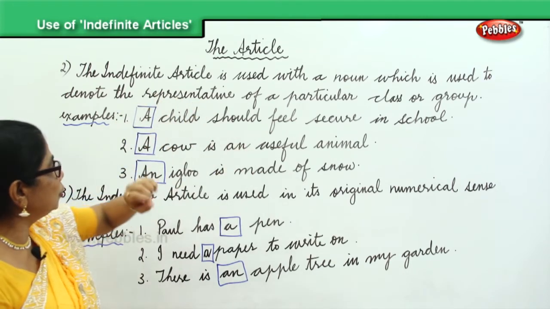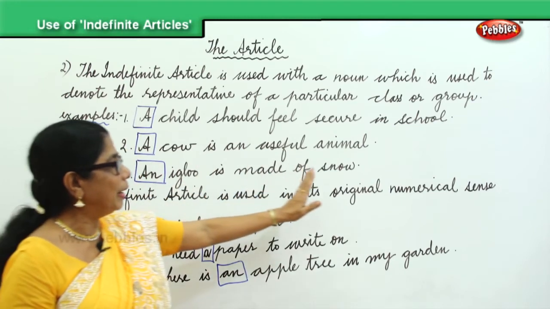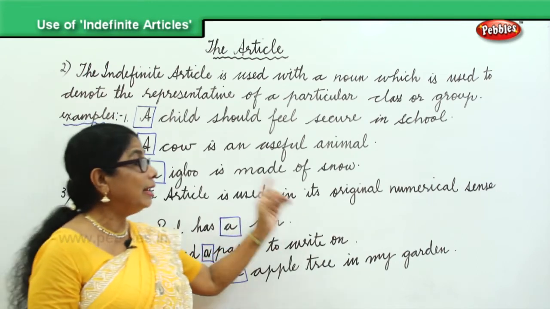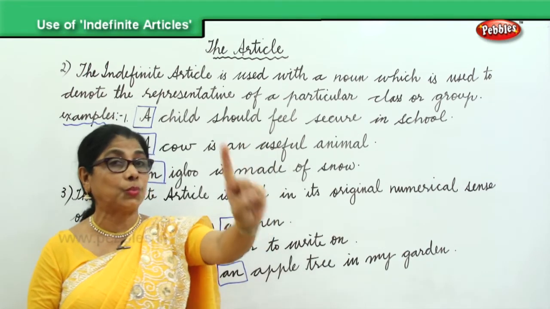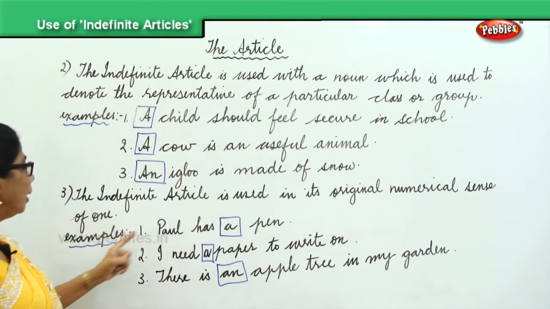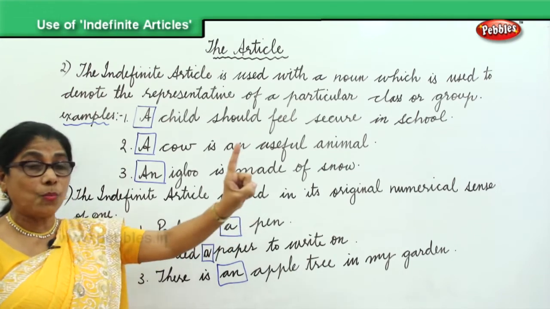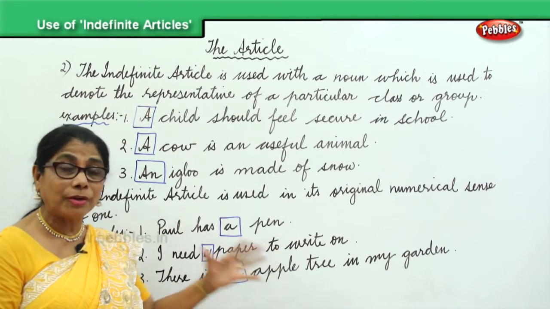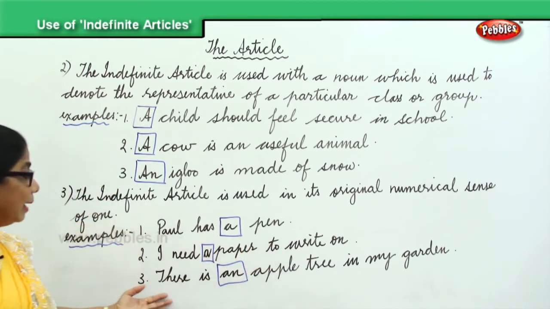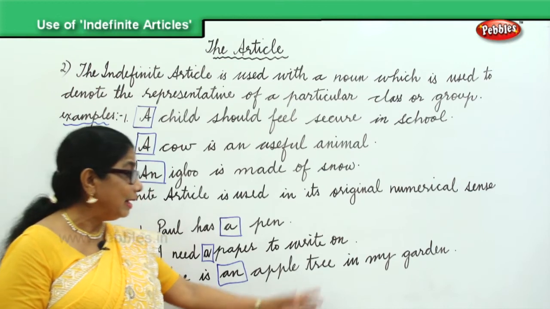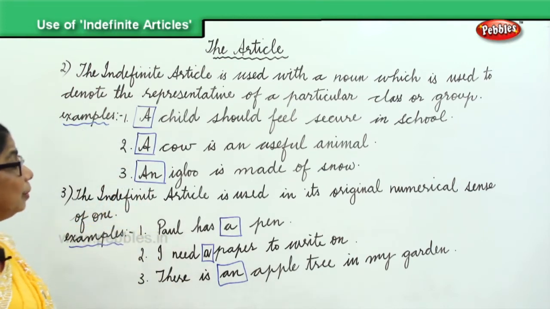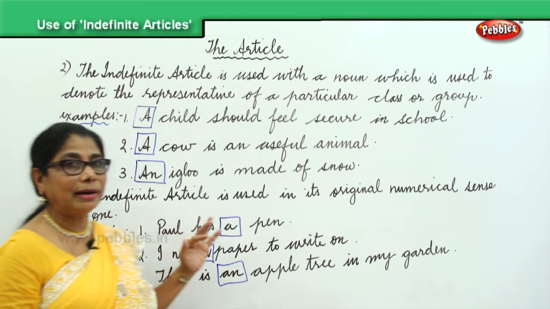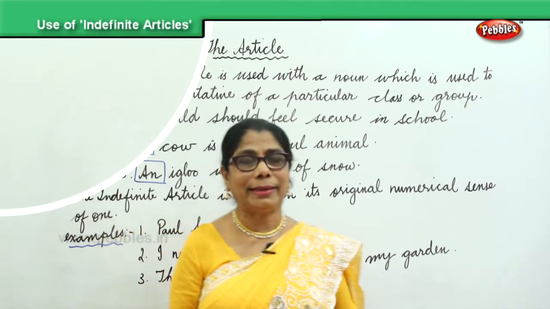A cow is a useful animal. An igloo is made of snow. In the third category, the indefinite article is used in its original numerical sense, one. Paul has a pen, one pen. I need a paper. I need paper to write on, understood. There is an apple tree in my garden. So, in different places, this is how we use the indefinite article, and that's what we are looking at.